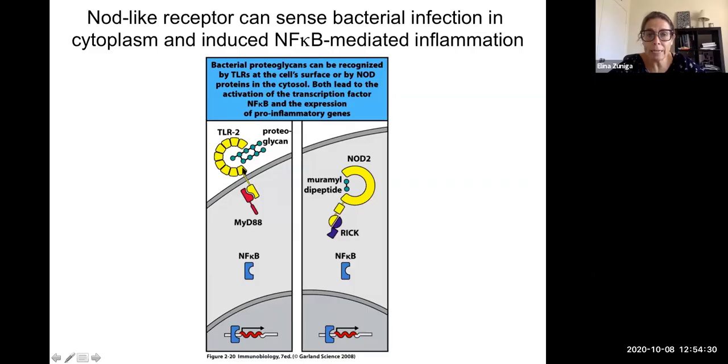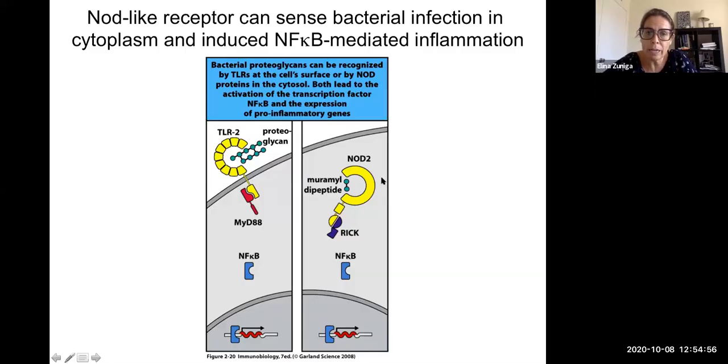So, for example, if you have a bacteria, particularly the peptidoglycan of a bacteria, that can be recognized on the surface by toll-like receptor 2, but these bacteria may also have muramyl dipeptides, and this is a PAMP that is present in gram-negative and gram-positive bacteria, and this will be recognized if the bacteria is invasive and reaches the cytosol of the cell.